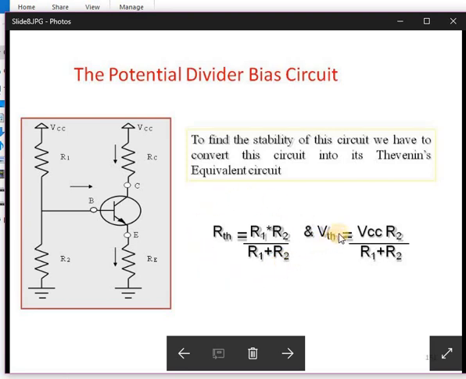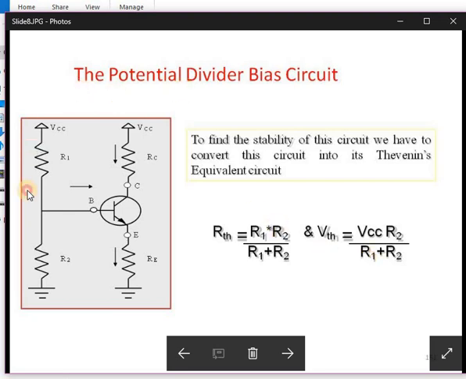Again, we can calculate the Thevenin voltage VTH. VTH is equal to the supply voltage VCC into the resistance R2, across which we take the voltage, by the sum of the resistances, that is R1 plus R2.